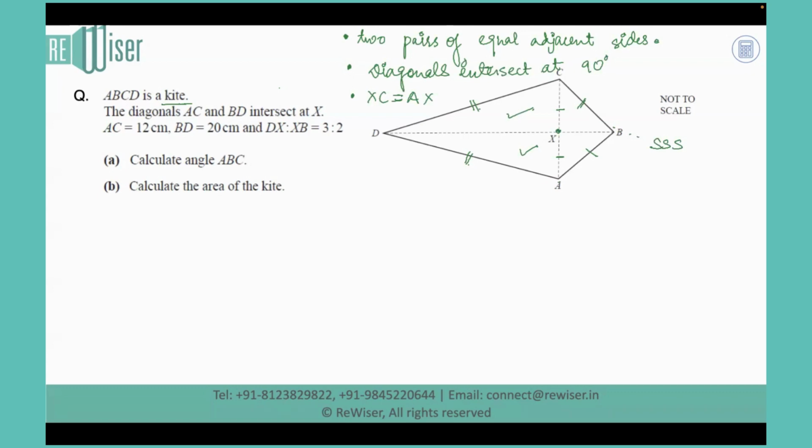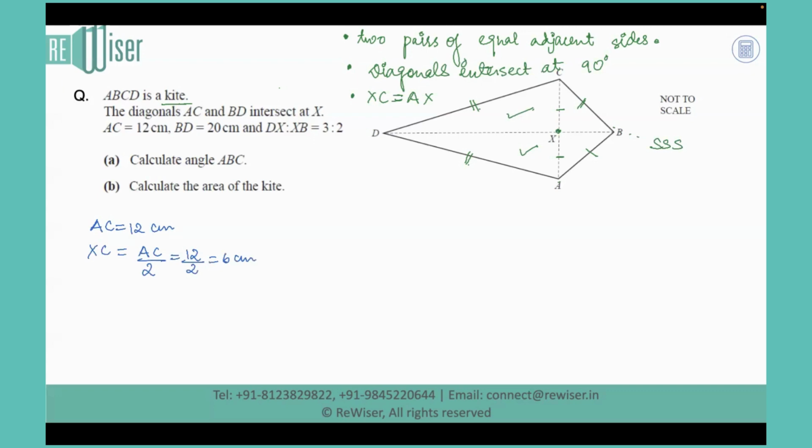It's given that the diagonals AC and BD intersect at X. AC is 12 centimeter. As AC is given as 12 centimeter, I can say that the length XC is AC by 2, that is 6 centimeter.